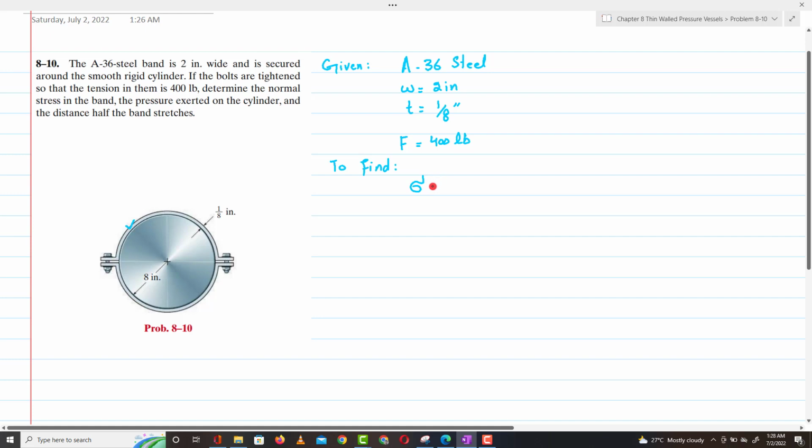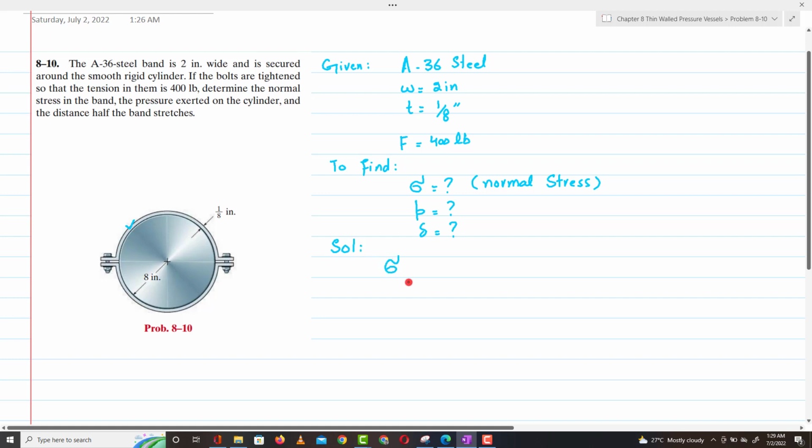Then we have to find the pressure exerted on the cylinder, and third is the distance the band stretches due to this tension, how much this band stretches, that is, the change in length. So let's start with the solution.